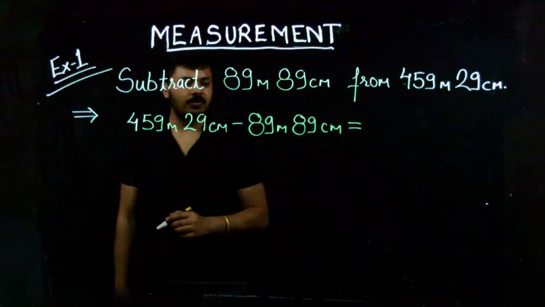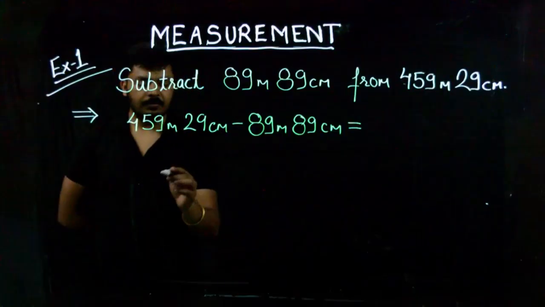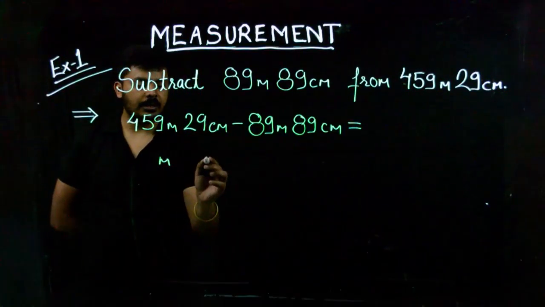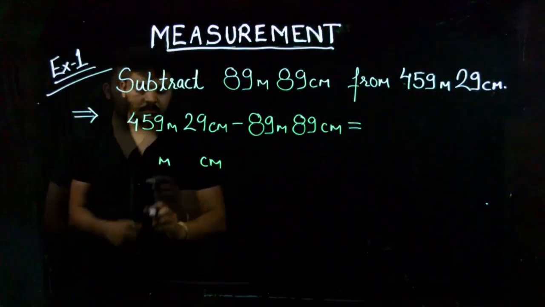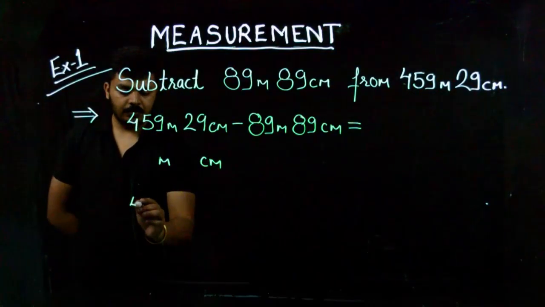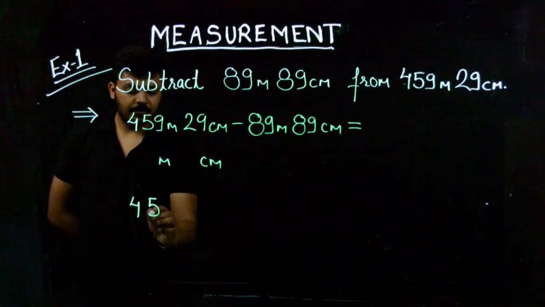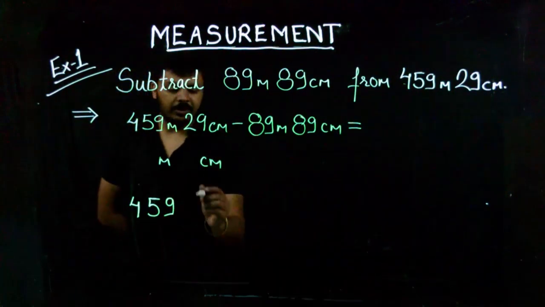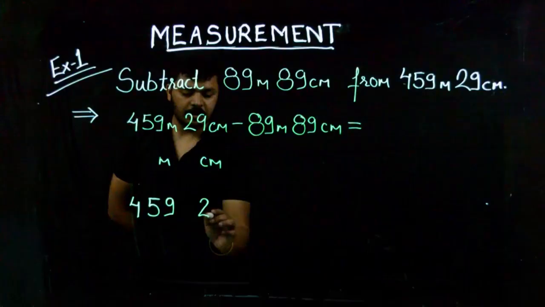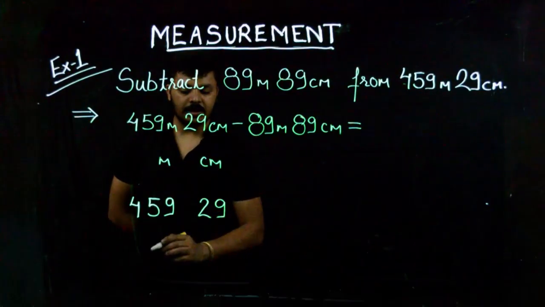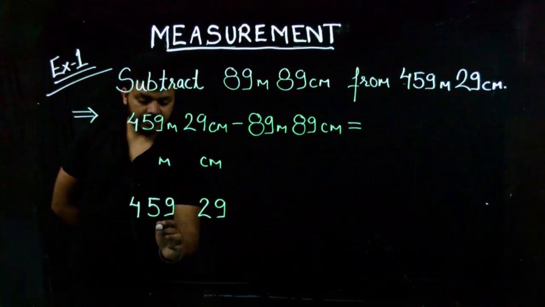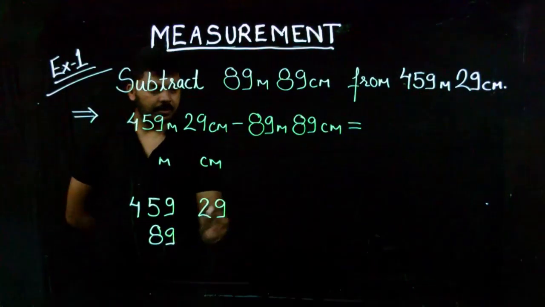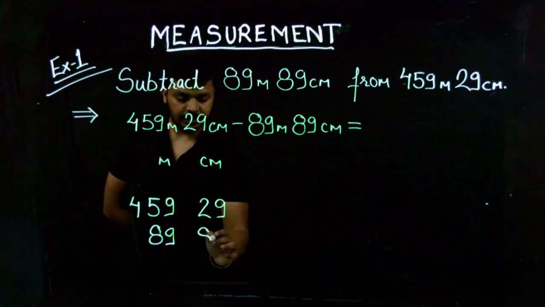So let's perform the subtraction. So creating two columns, meter and centimeter. So in meter we write 459 and centimeter it is 29 centimeter, and subtract 89 meter and 89 centimeter.